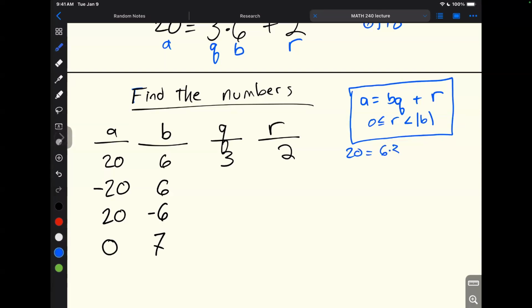Yes, there's 2 missing numbers. 0, 0. Yeah, yeah. Wait, that's how R can't be a negative number.